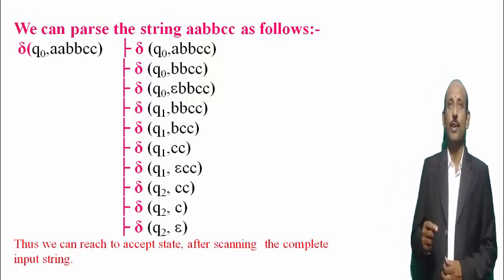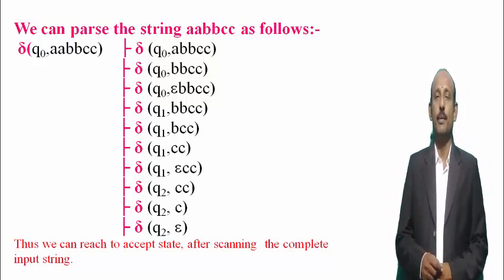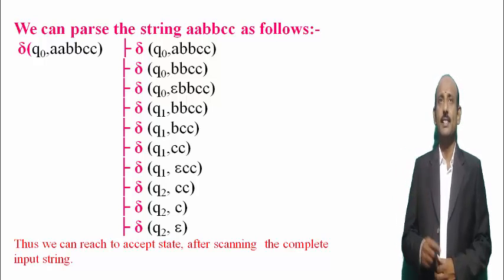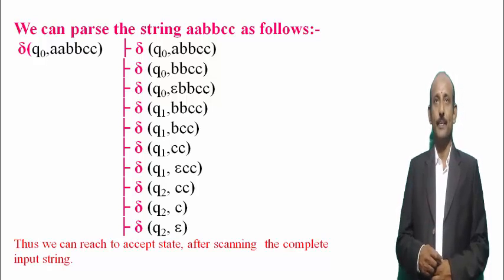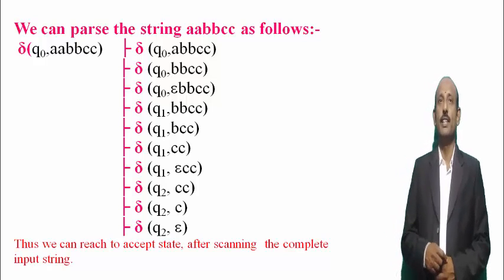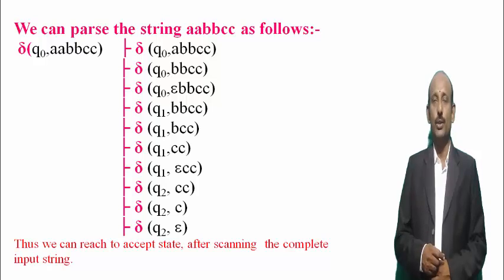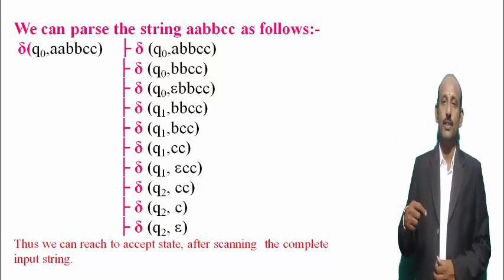Now the mapping function from Q1: Q1 followed by the input B. After reading this input B, it again comes back to the same state Q1. Similarly, after that, we make an epsilon transition to the state Q2, and in Q2 we can read the input C. Again, it comes back to the same state Q2 by the self loop.